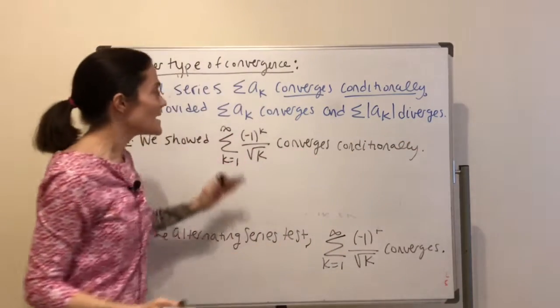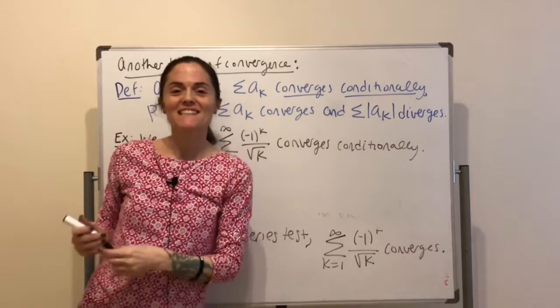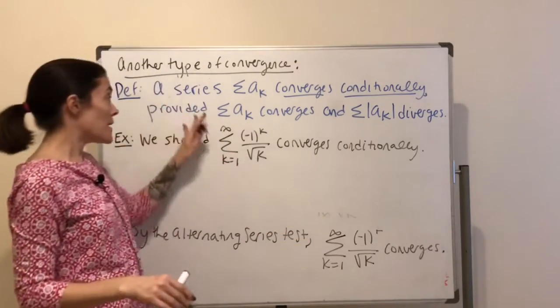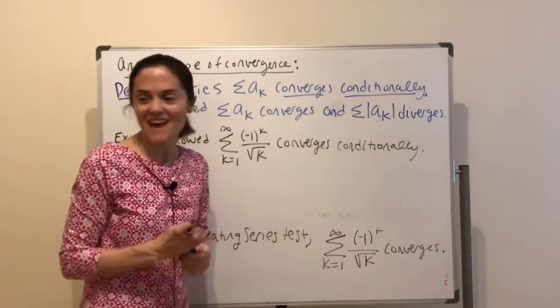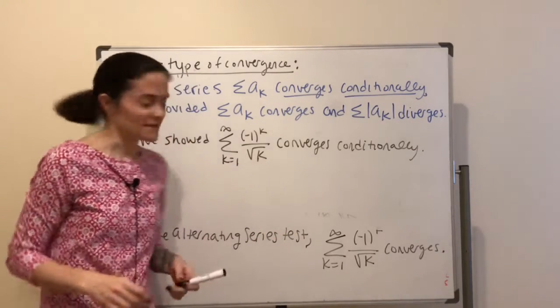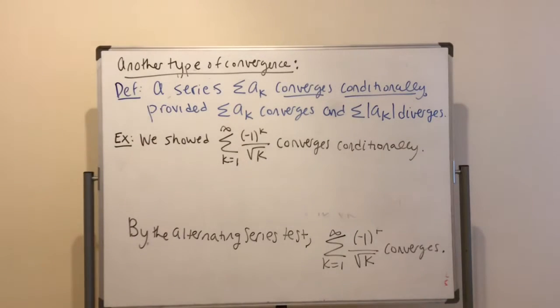Okay, because, well, we showed that the absolute value of the series diverged, but by the alternating series test, the series itself with the (-1)^k converges.